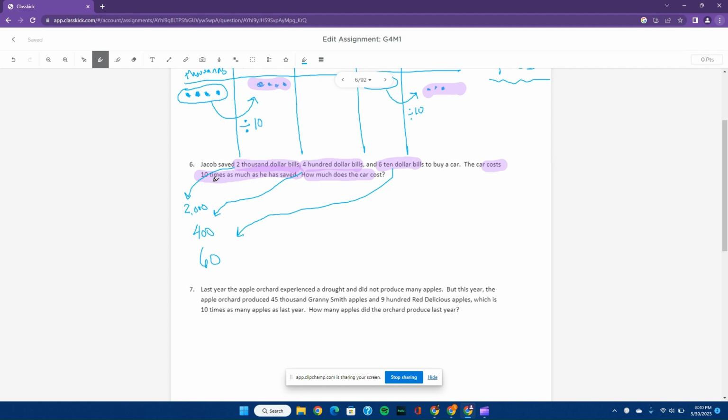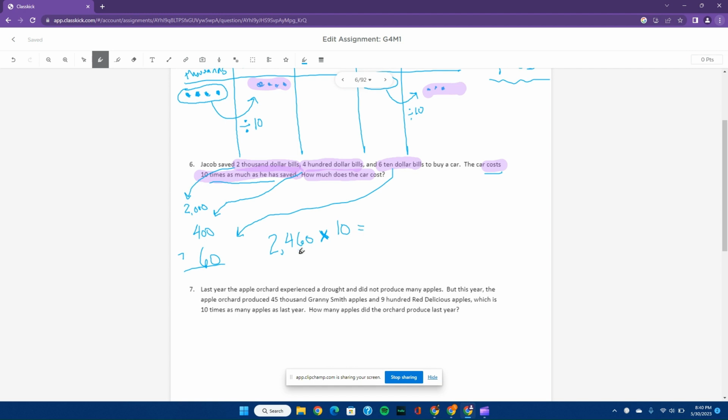Now, the car costs 10 times as much as he has saved. So really, I got to put all of this together with addition, and that would make 2,460.